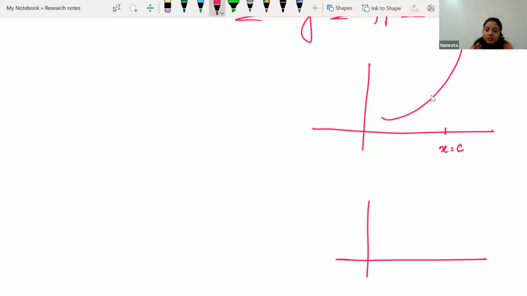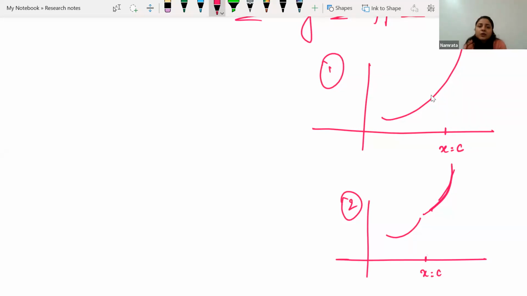Whereas if we have this graph, going like this and then like this, and here is a point x equals c, then the first one is continuous at x equals c, however the second one is not continuous at x equals c. So just by looking at the graph, we will easily be able to say whether the graph is continuous at a certain point or not.